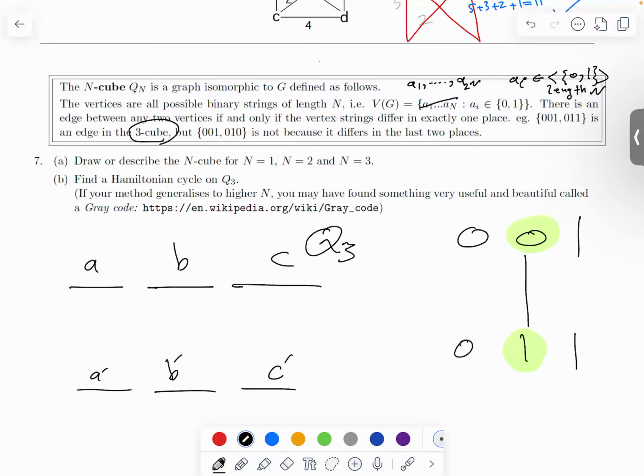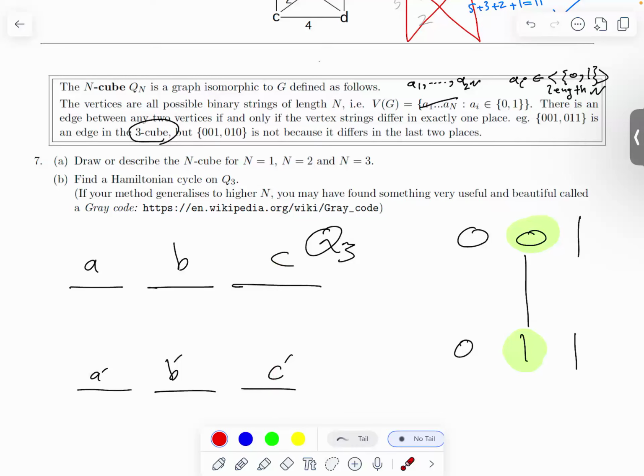Here, if just one of them is different. So this vertex can be connected to this vertex if it's different in this place, or this, or this.